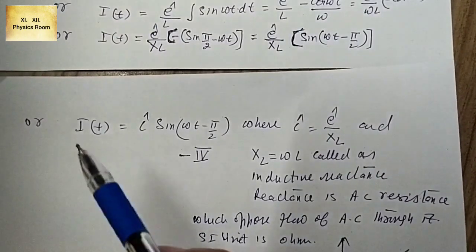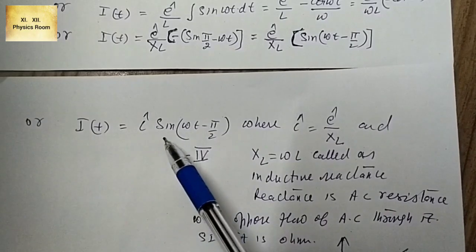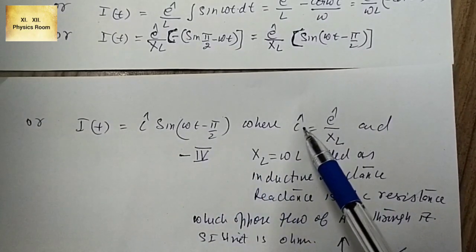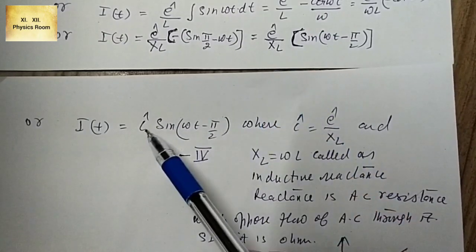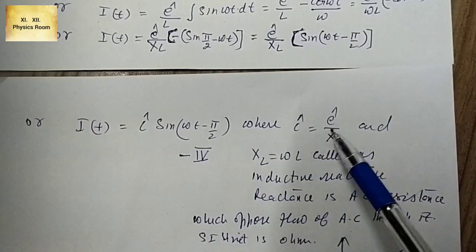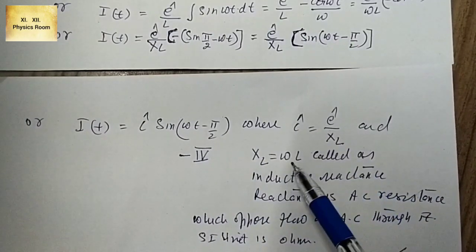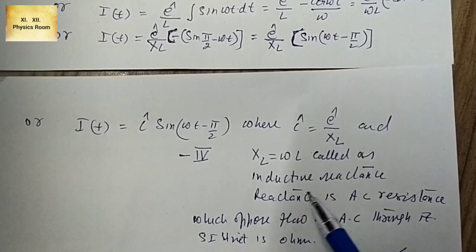Or we write I(t) is equal to I max sine omega t minus pi by 2, where I max is equal to E max by XL. E max by XL we replace by I max. So I max is equal to E max by XL, and XL is equal to omega L. The value of XL is omega L, and it is called inductive reactance.